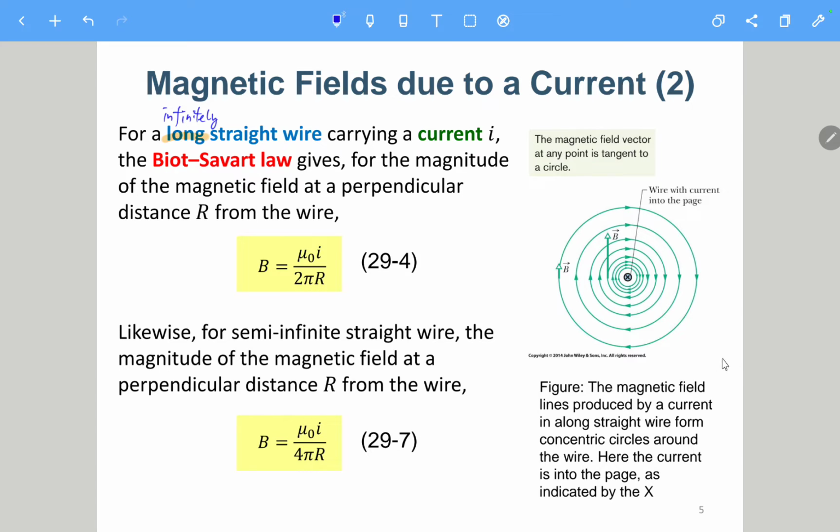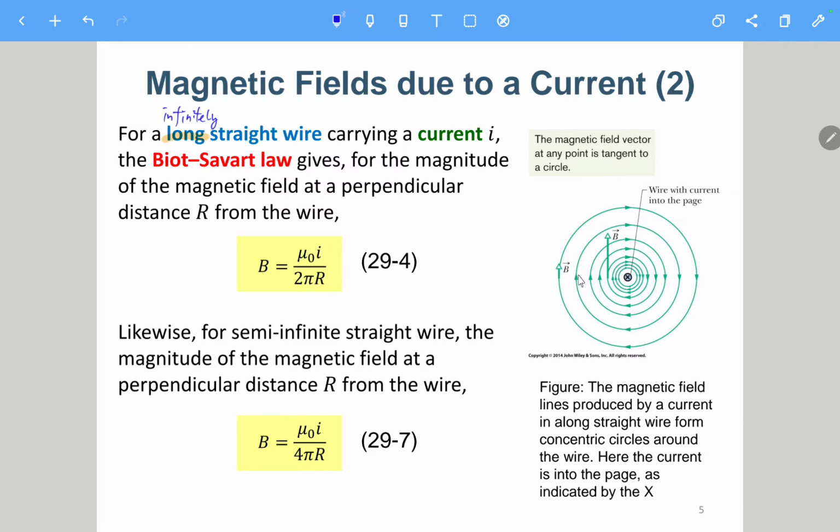Okay, so here we also need to determine the direction of the B field. So again, we should apply the right-hand rule to determine the direction of the B field. So here you can see there are many green circles, which are concentric.